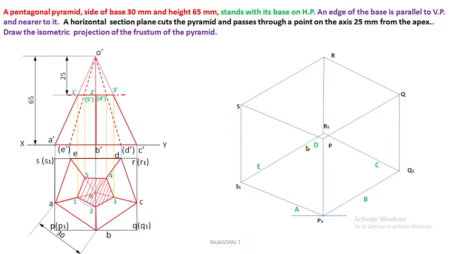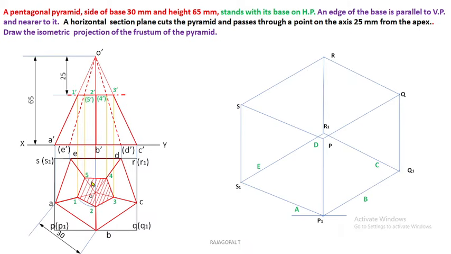Now this ABCDE, the top face, bottom face base pentagon, is identified. Now we have to identify this cut section pentagon 1, 2, 3, 4, 5. For that we may not draw exactly here because we may not know how to locate these points 1, 2, 3, 4 in this top face rectangle.